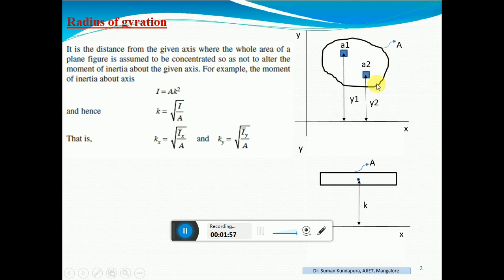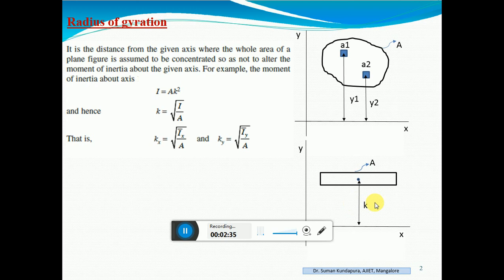Now, if the entire area A is converted into a small elemental area, a small strip likewise, whose area is also A, and the moment of inertia of the figure, when the entire area is concentrated over one point, remains unchanged or unaltered, then that distance from the x-axis is called the radius of gyration.